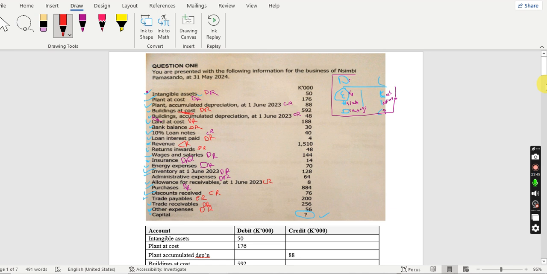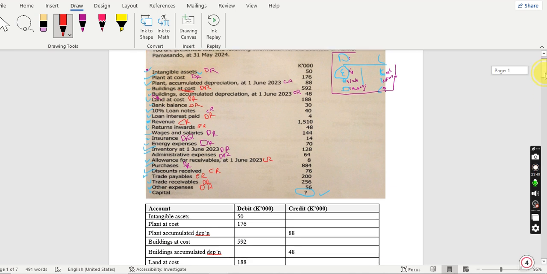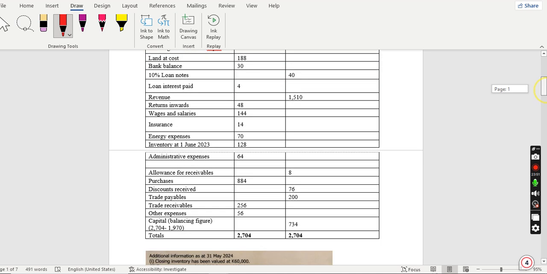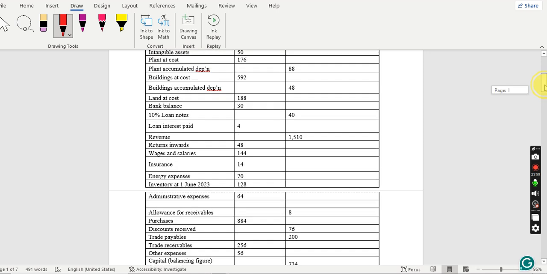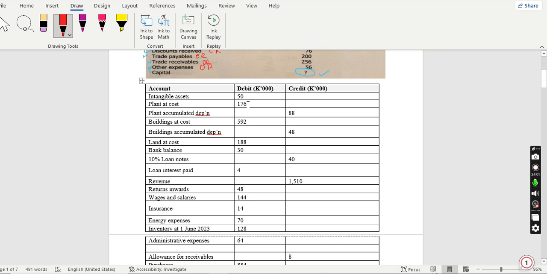In capital, we know it's at the credit side, right? So here, what we need to do is first total our debit side. Let's get our calculator so that we make sure everything is correct.